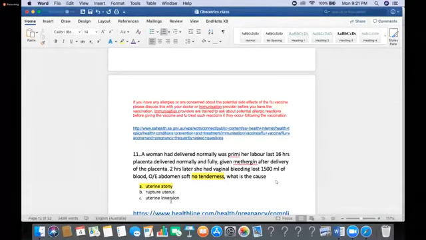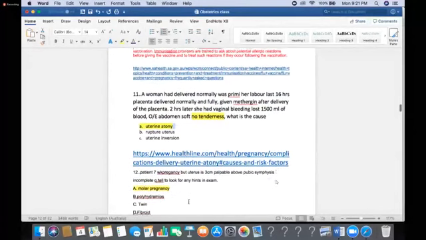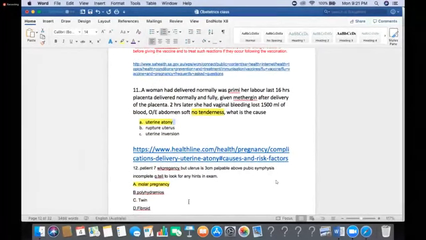And if there is uterine inversion, the patient will have shock but not the bleeding, isn't it? So it is uterine atony. Okay. Any questions?